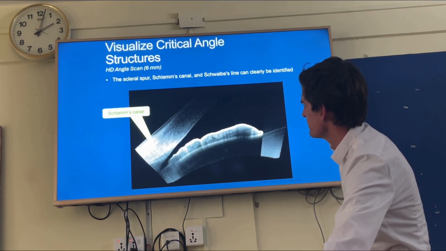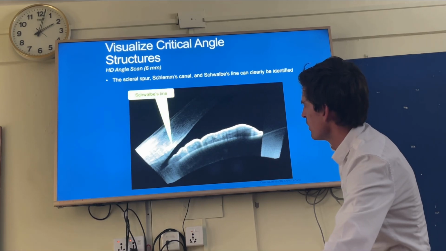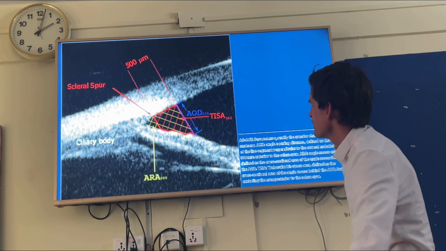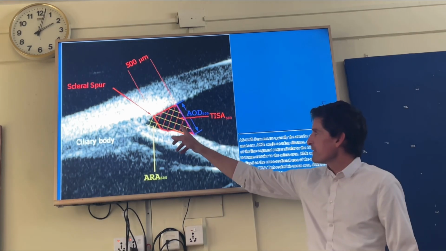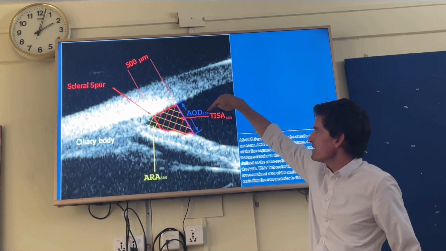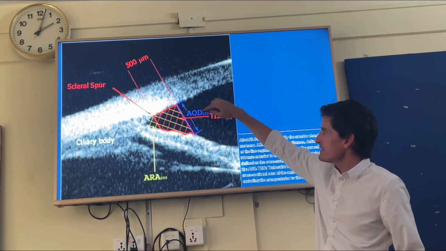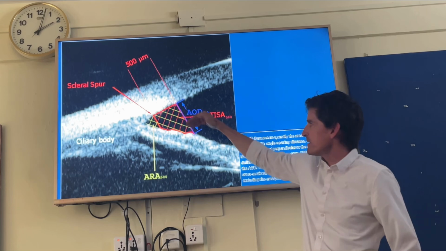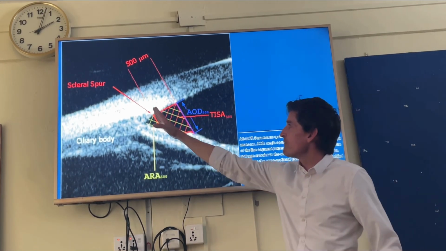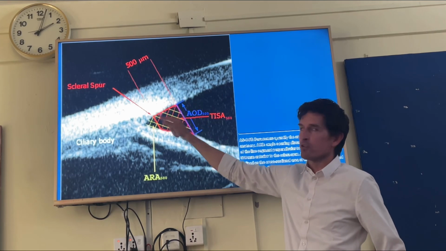All right, so anterior segment, we already talked about this. Scleral spur, Schlemm's canal, and Schwalbe's line. And then just as a reminder, the numbers that come out: there is the AOD, that's the angle opening distance. It's just the distance from the cornea to the iris in a line. The AOD 500 is 500 microns from the scleral spur.